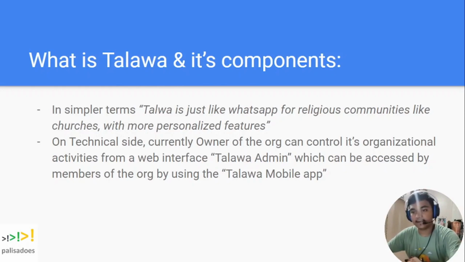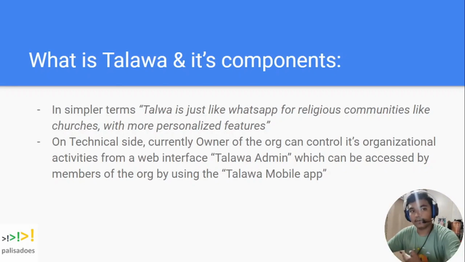On the technical side, the owner of the organization can control its organizational activities from a web interface called Talawa admin, which can be accessed by the members of this org using the Talawa mobile app. So how this works: let's say there is a church based in Brooklyn, so we'll call it Brooklyn Church, and for Brooklyn Church there will be a social media manager assigned, and he would like to post new messages about the church.